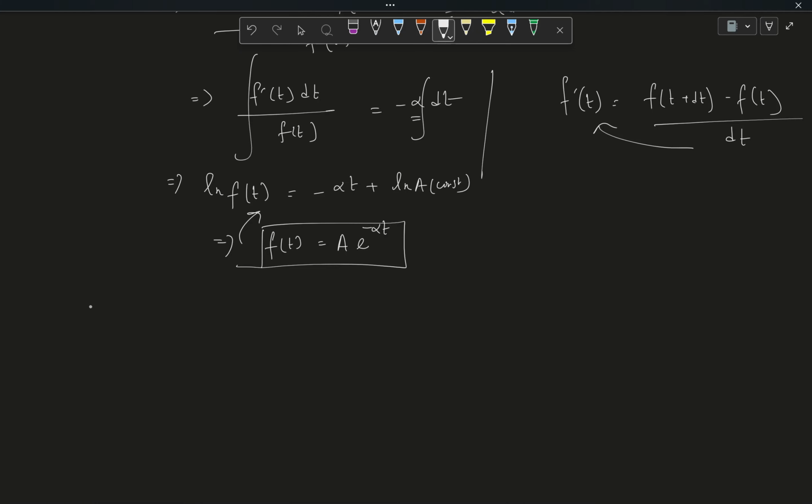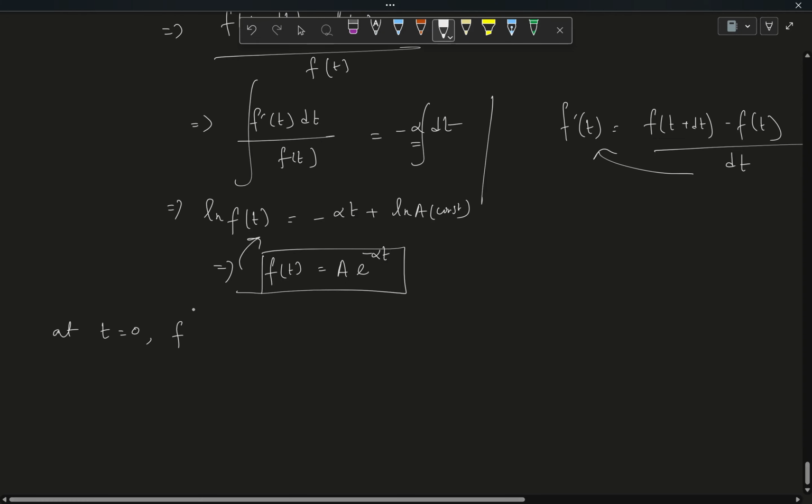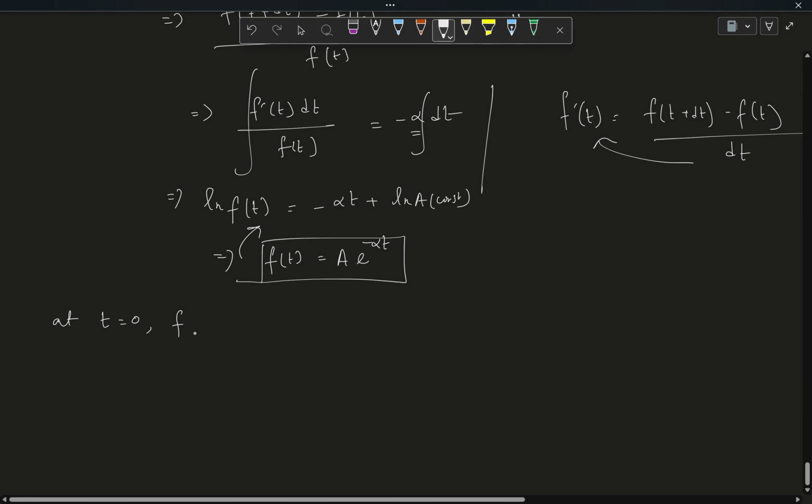What is that? It is basically that at t equal to 0, that means at initial time when nothing has started, what is the probability of the molecules having no collision at t equal to 0? So that is f of t equal to 0, equal to f of 0. Now we know that at the initial time there is no collision.